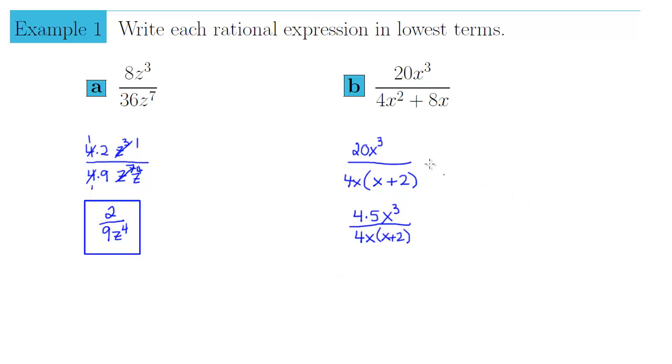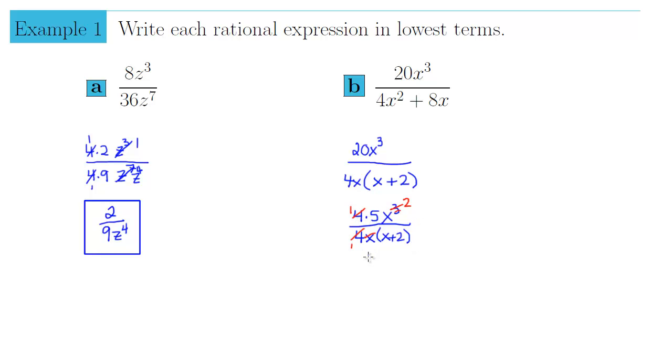So let's go through that cancellation. 4 divided by 4 cancels, leaving us with 1. The 5 stays. The x, this x here, will cancel with 1 of the x's up here. There's 3 of them, so when we take away 1, that leaves us with 2. Or by the quotient rule, 3 minus 1 leaves us with x squared in the numerator. This x plus 2 term has to stay because there's no x plus 2 factor in the numerator, only in the denominator.